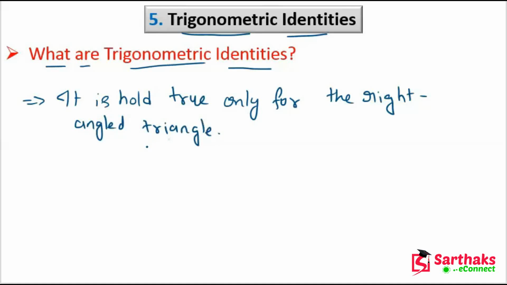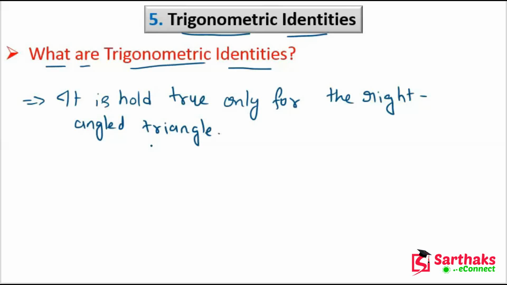My dear friends, except for a right angle triangle, we cannot use these identities in other triangles, either equilateral triangle or isosceles triangle or scalene triangle. These identities are used only in the right angle triangle.